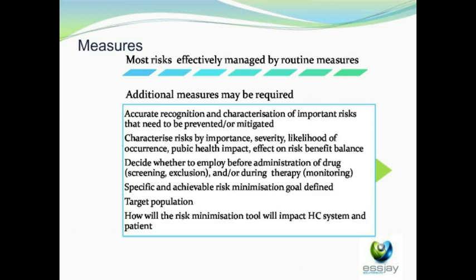But you may require them if you're trying to look at recognition or characterization of an important risk, or to see maybe what the public health impact is, or if you've got a product that you know shouldn't be taken by a certain patient population and you need monitoring for that or screening, that's when you need to think of additional measures. What is important, though, is that whatever is put into place is very specific and achievable.